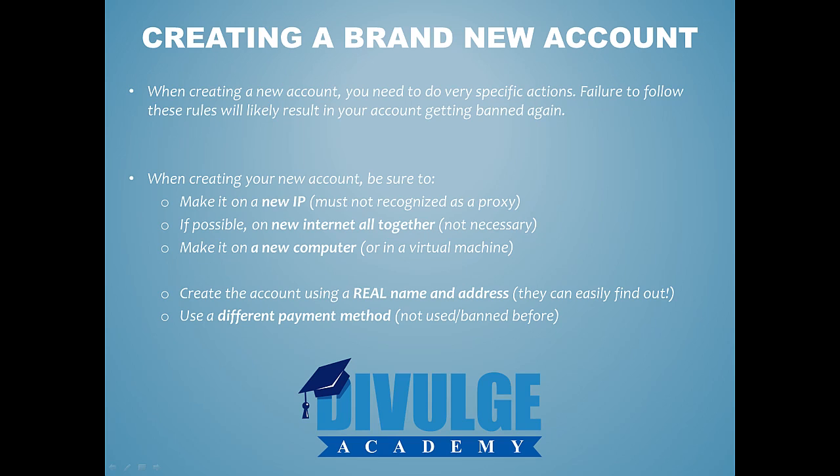Now, when creating a new account, you need to do some very specific actions. Failure to follow these rules will most likely result in your account being banned again. So when creating your account, be sure to make it on a new IP, and this IP must not be recognized as a proxy.